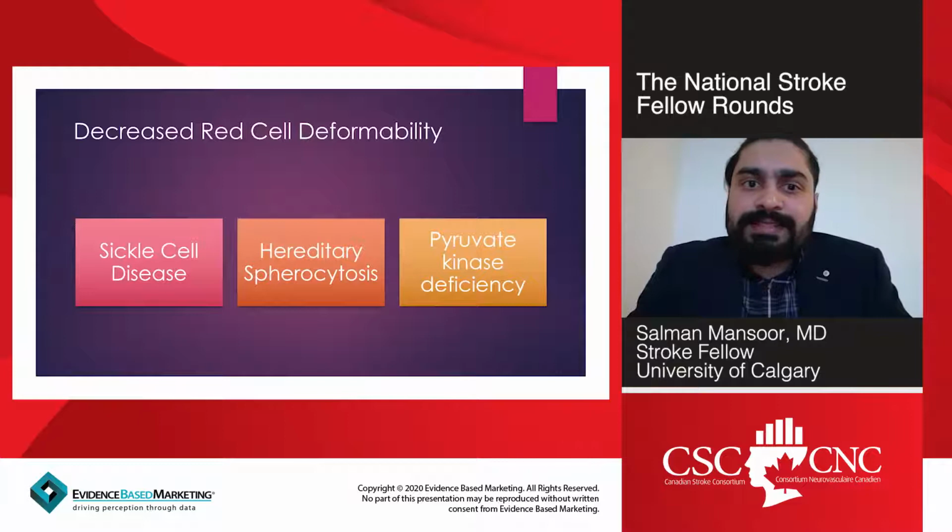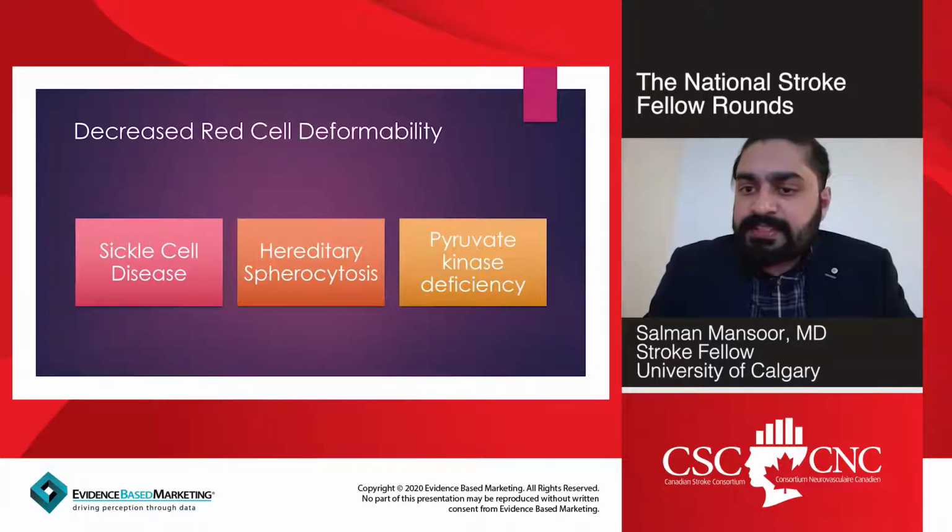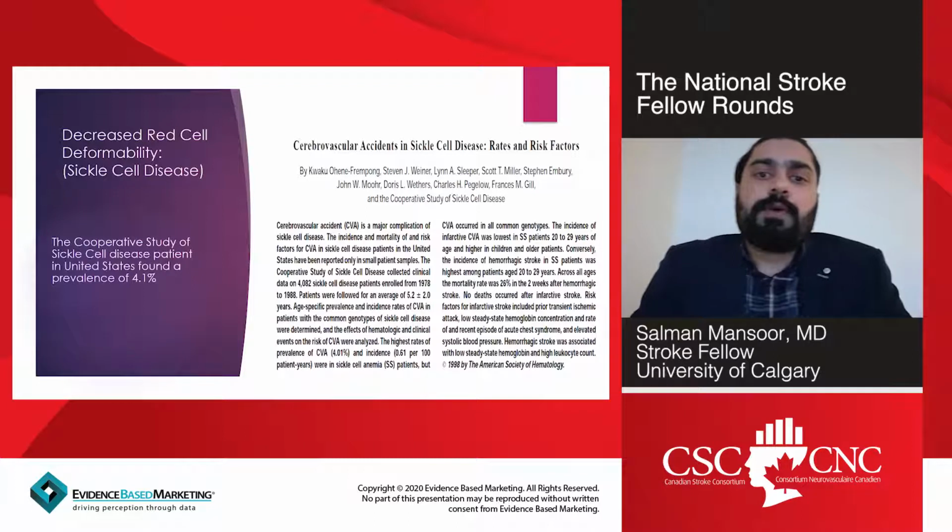The third mechanism, which is decreased red cell deformability, governs, for example, these three states, which are sickle cell disease, hereditary spherocytosis, and pyruvate kinase deficiency. For reference, in sickle cell disease, this was an interesting study which was called the cooperative study.